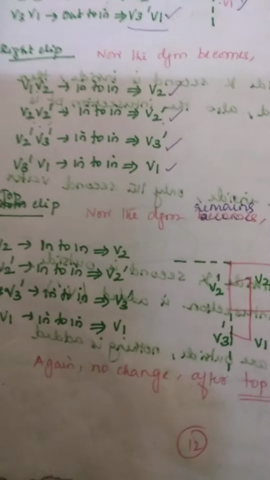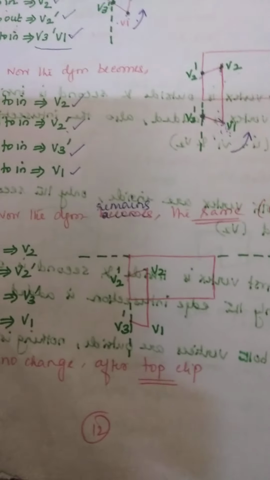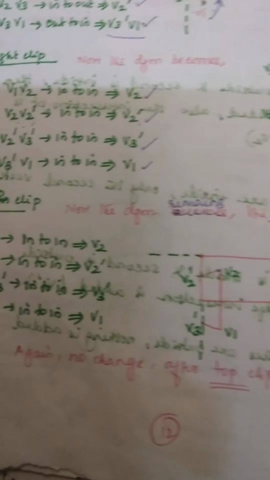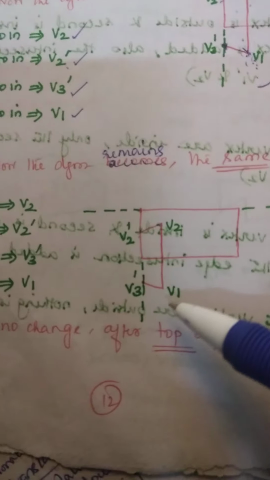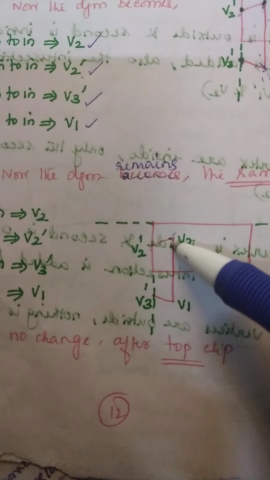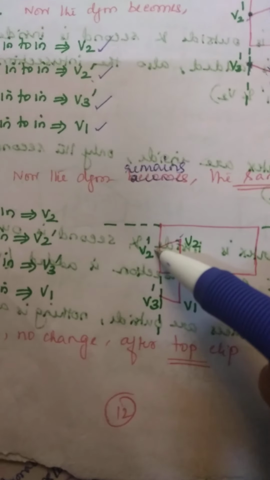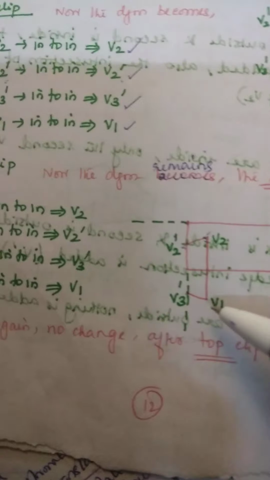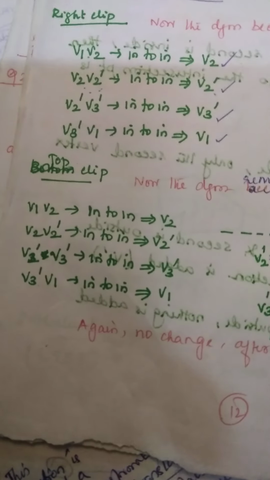Now we are performing top clipping. Okay. Then the next one is again anti-clockwise direction. V1 to V2, V2 to V2 dash, V2 dash to V3 dash and V3 dash to V1. So V1 to V2.